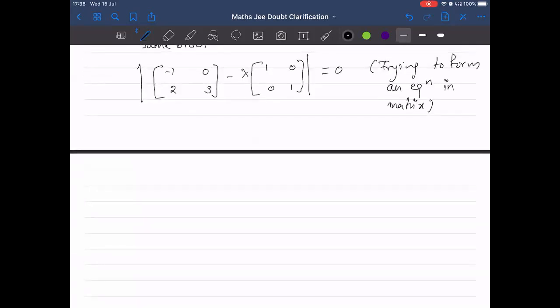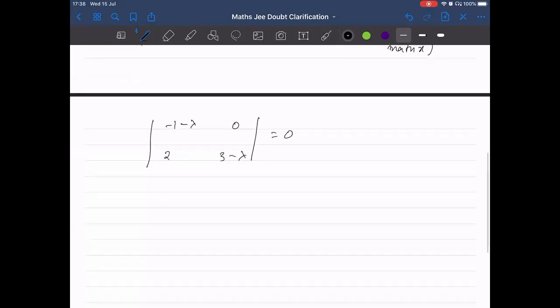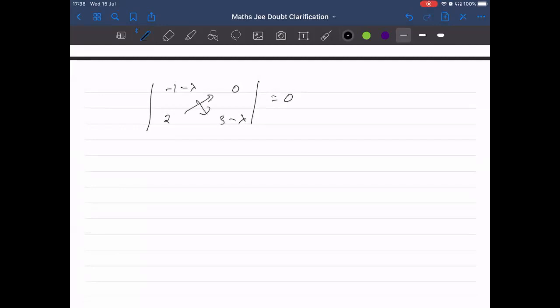We will talk about this lambda later on. Now subtracting the matrices, we get -1 minus lambda, 0, 2, and 3 minus lambda, equal to 0. The determinant goes like this: (-1 minus lambda) into (3 minus lambda) minus 0 equals 0.